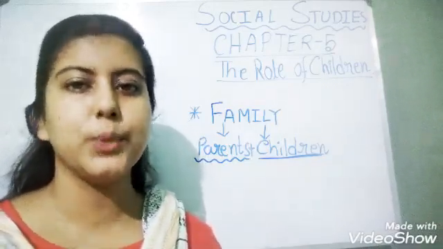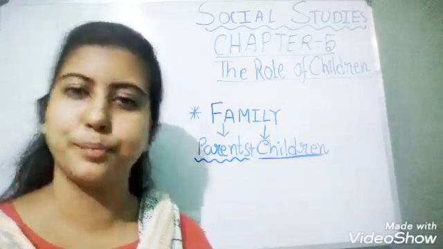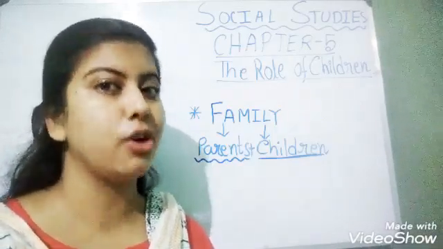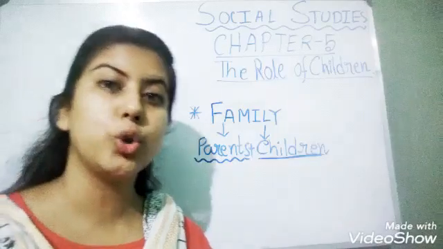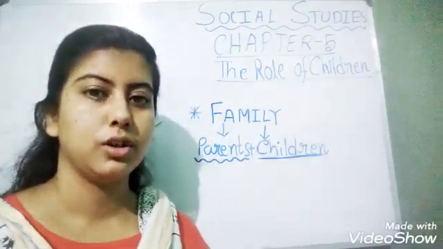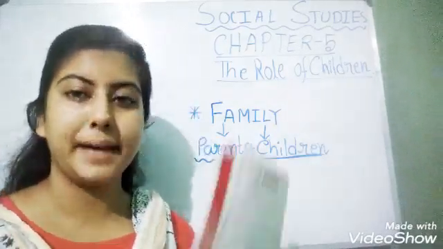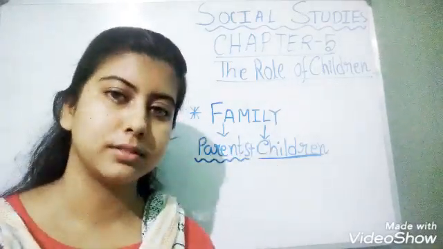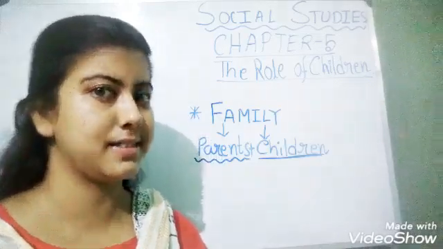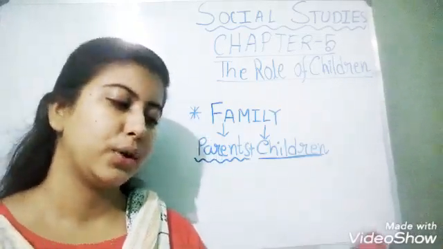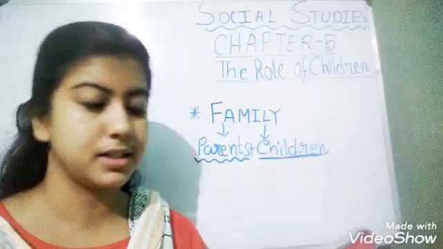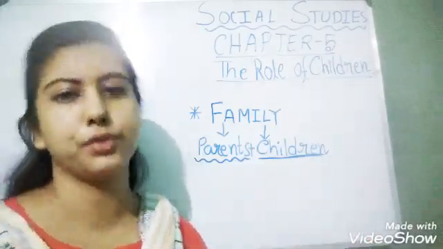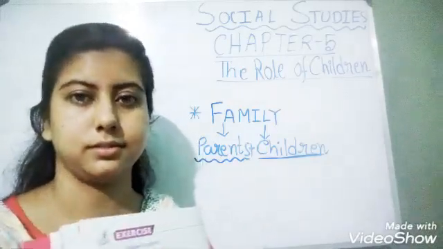I hope you have opened your book. Chapter 5 is on page number 23. So please open page number 23 of your book. Let's start. We all know that our parents do a lot for us.